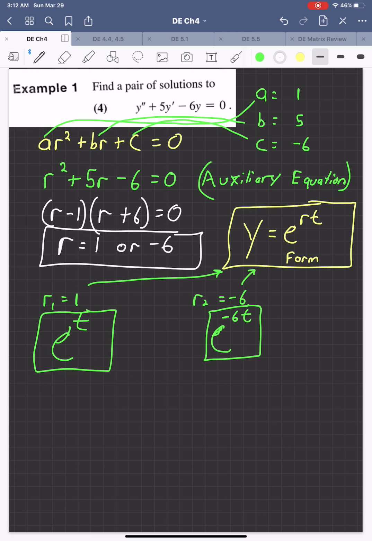Okay, so now what we have to keep in mind is that we are done. Those are a pair of solutions to that second order differential equation, but that is one of many, right? Let me show you what the general solution is going to look like.